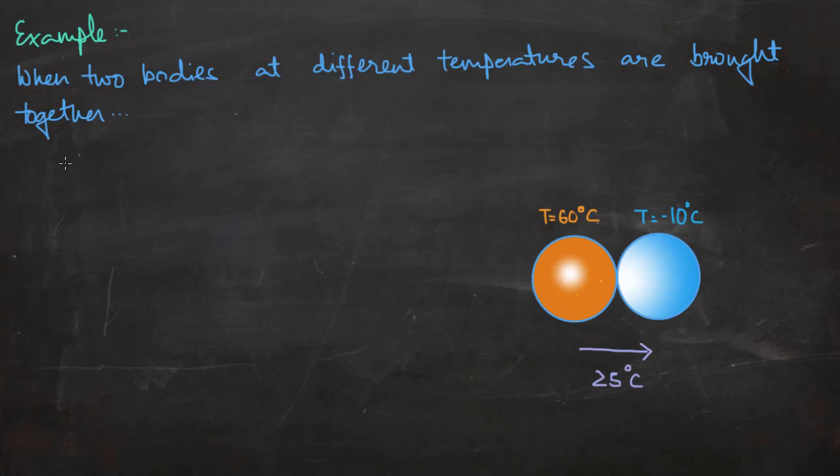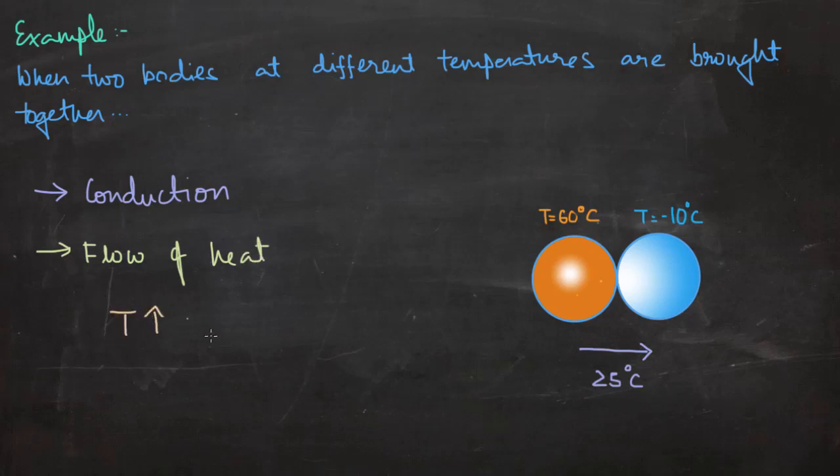This is achieved by the process of conduction, and we observe that the flow of heat takes place from a body of higher temperature to a body at a lower temperature.